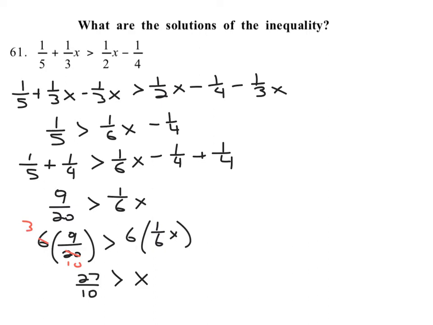And if you look on the answer key, x is also on the small side of the inequality. And what's on the big side? 27/10. So regardless of the fact that they sorted it out differently when they were solving it so that the x ended up on the other side, the x is still correctly placed in terms of being on the small side of the inequality. And so it makes it correct. Okay, we've got one more and we're done with this slide.